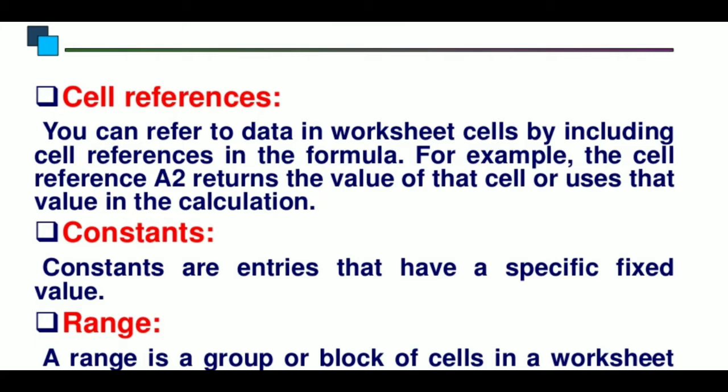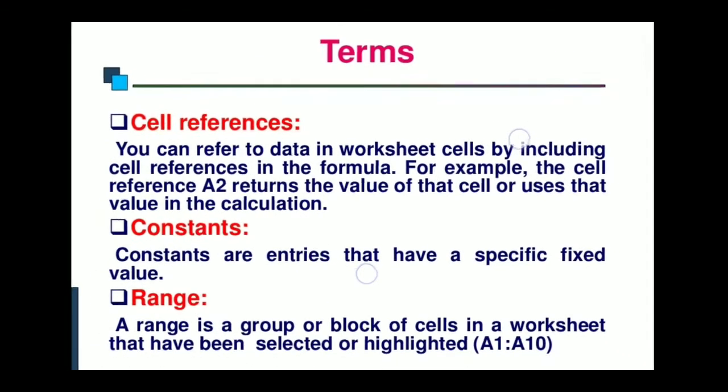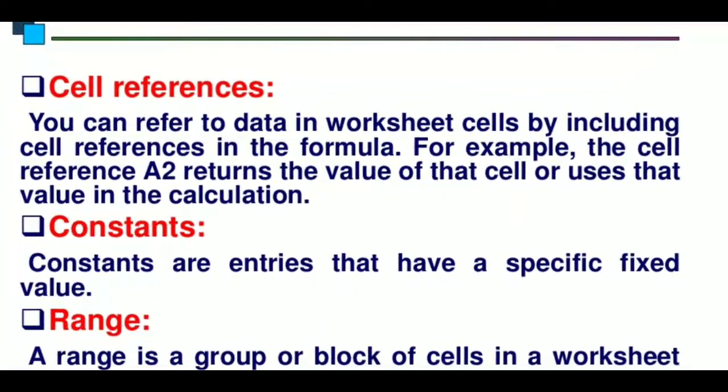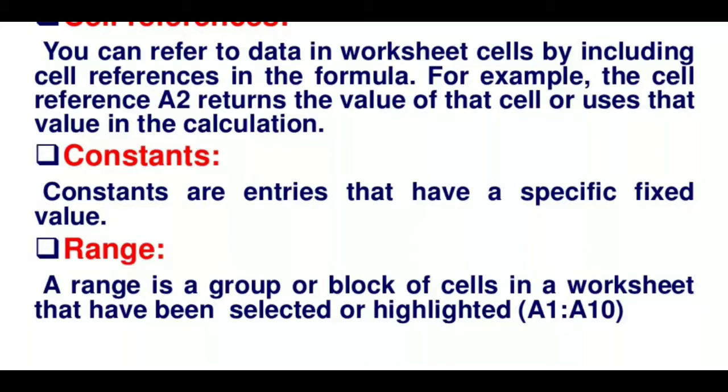Now constants. Constants are entries that have a specific fixed value. And range, as the name implies, is a group or block of cells in a worksheet that have been selected or highlighted.